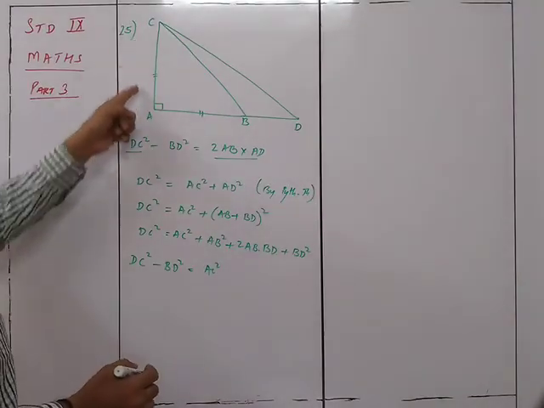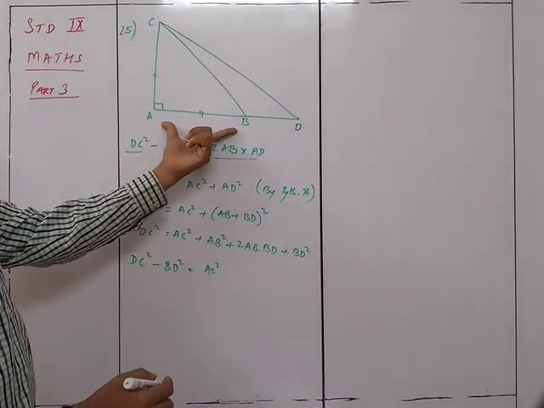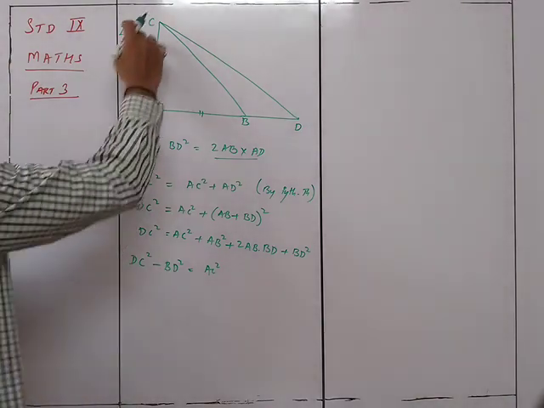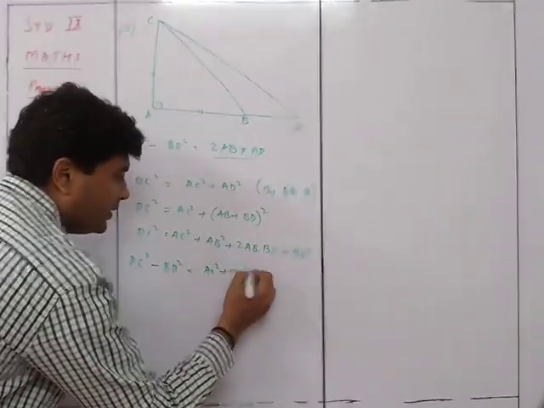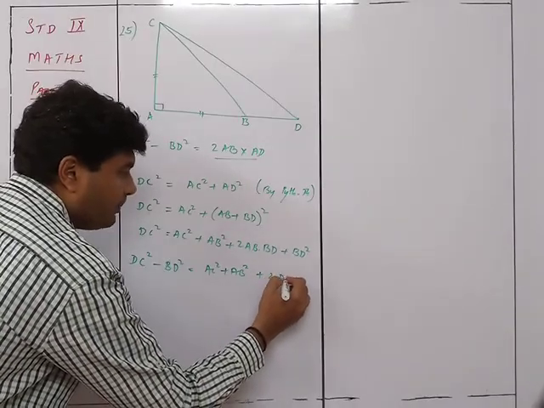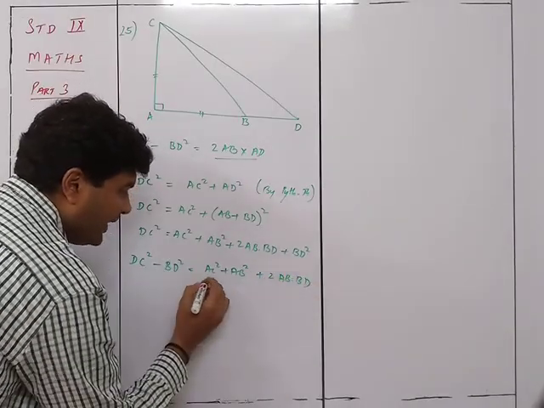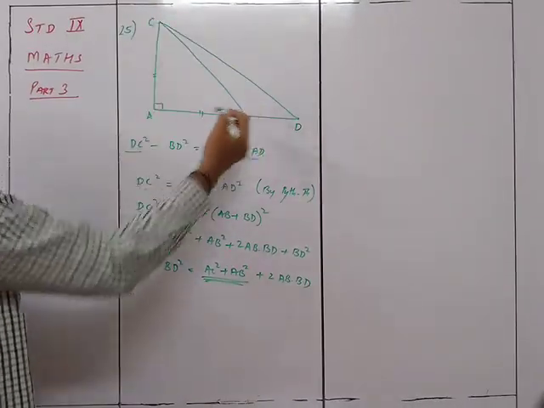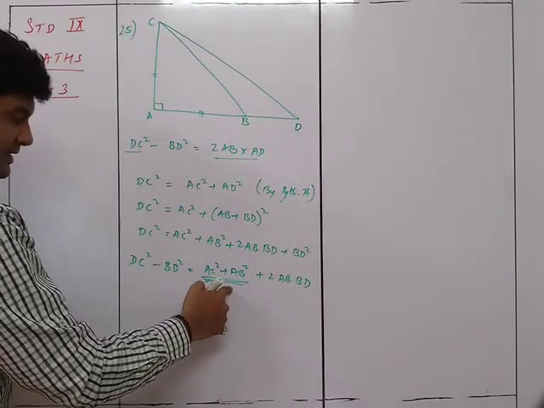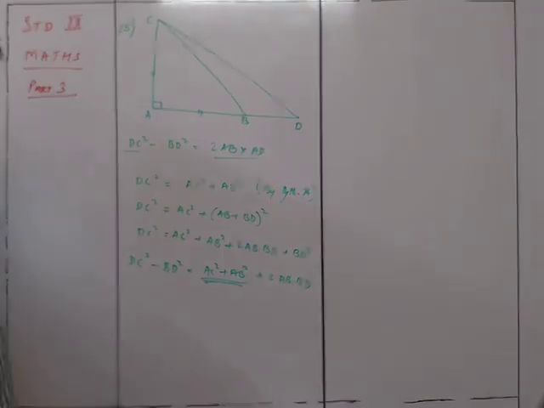Now AC square plus AB square. What is AC square plus AB square? I'll write down first AC square plus AB square plus 2AB BD. Now AC square plus AB square, you can see this is nothing but a right angle triangle with BC as the hypotenuse. So this can be given as BC the whole square.